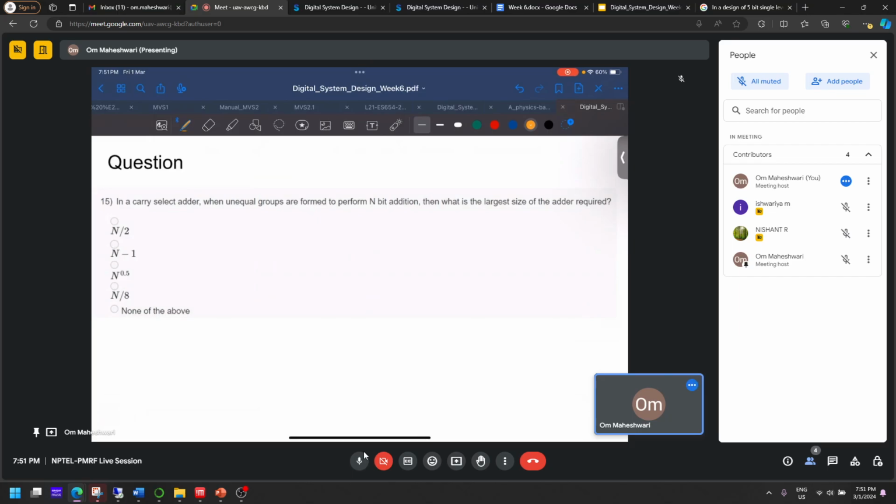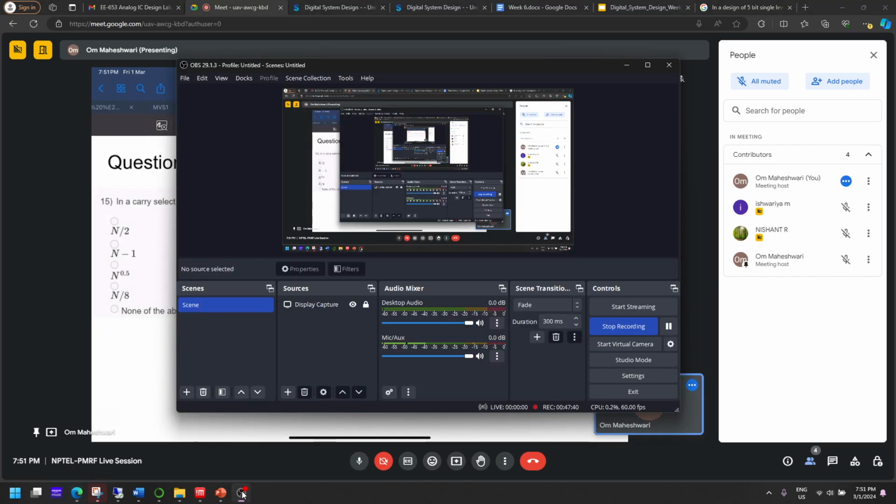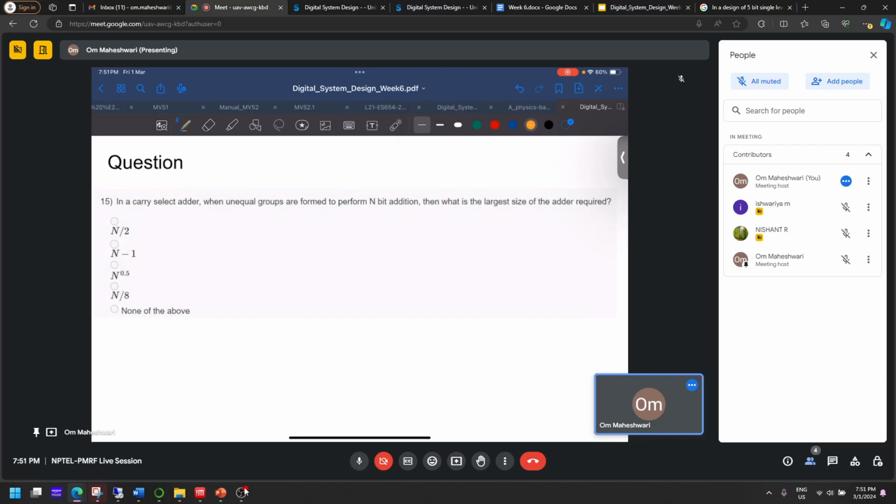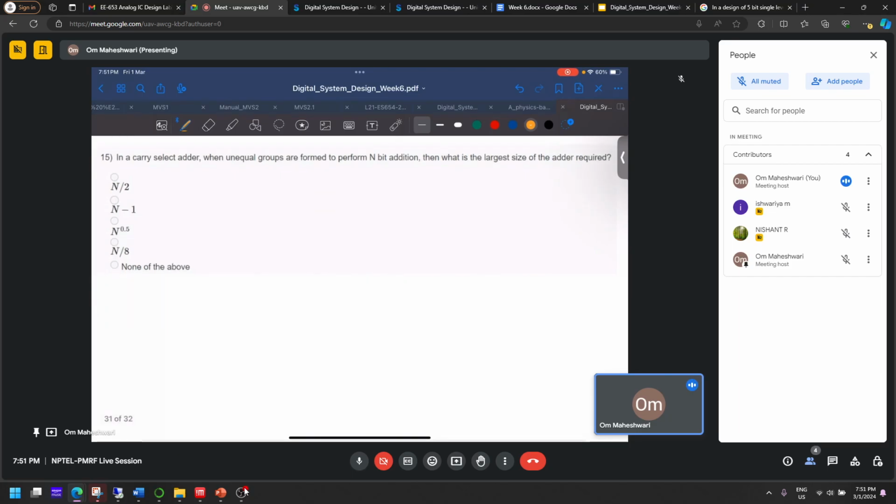So in this question, we have a carry select adder. In a carry select adder, when unequal groups are formed to perform n-bit addition, then what is the largest size of the adder required?